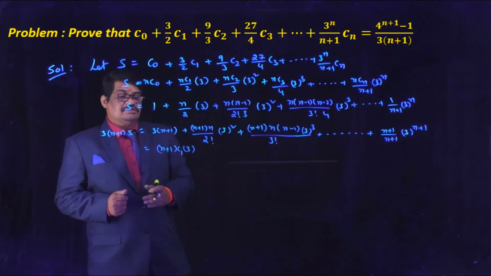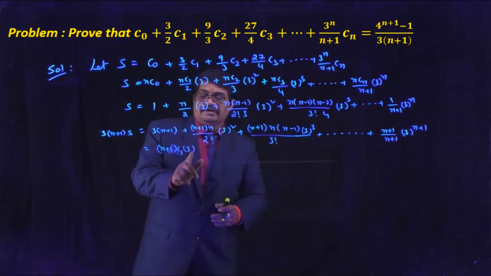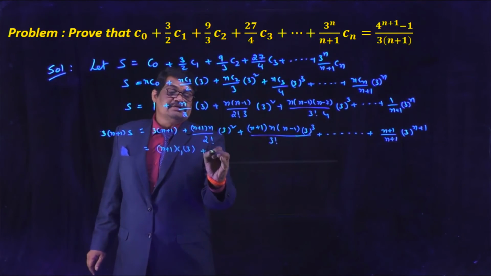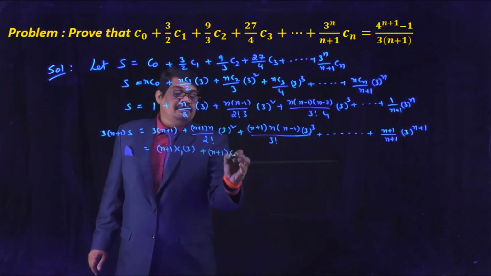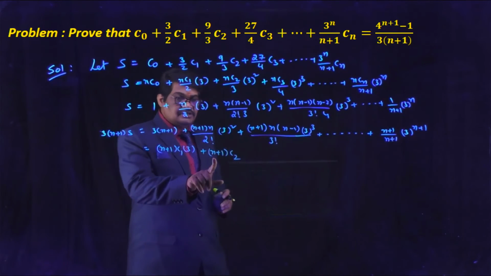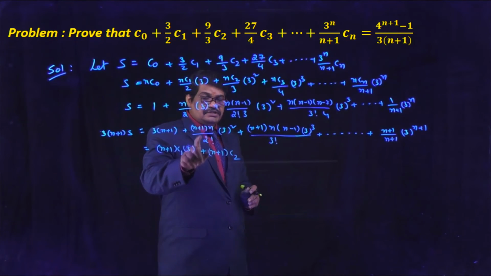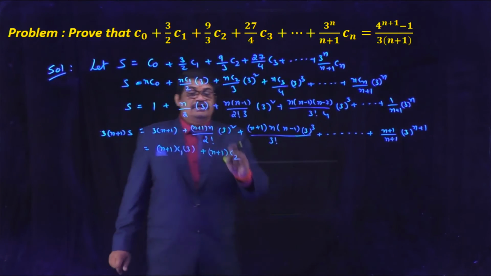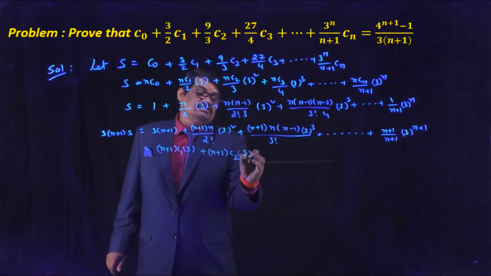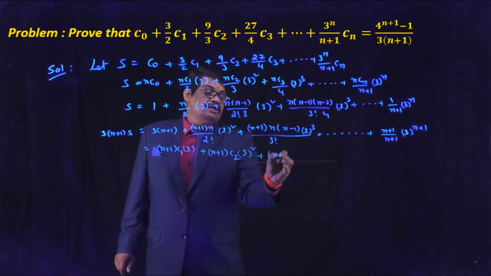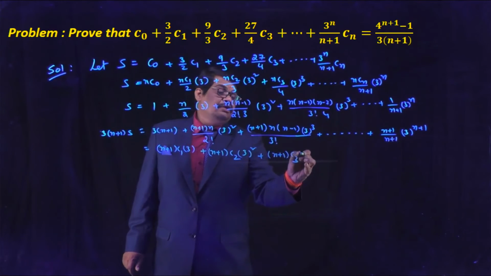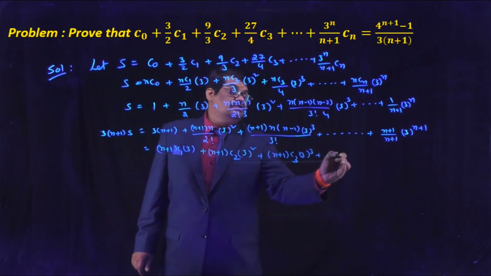Here writing this here 3. This can be written as n plus 1 c2, that is here n plus 1 into n by 2 factorial, that is n plus 1 c2. So here 3 square. This can be written as n plus 1 c3 into 3 cube and so on.